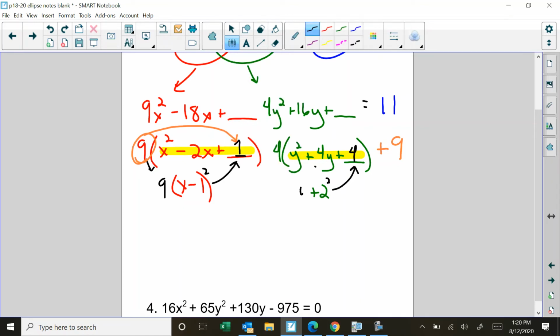So we will bring down this y, green, y, and we've got the k now of our ellipse. So this 4 right here has to stay in the problem, so the 4 stays right there.